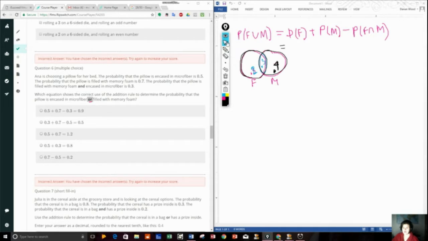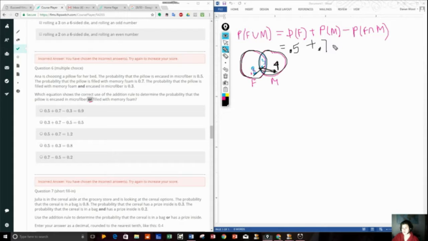And then they want to know, okay, well, what's the probability of it being microfiber or memory foam? So we have our equation set up: probability of it being microfiber, that total is going to be 0.5, plus the probability of it being in just memory foam, the total is going to be 0.7.